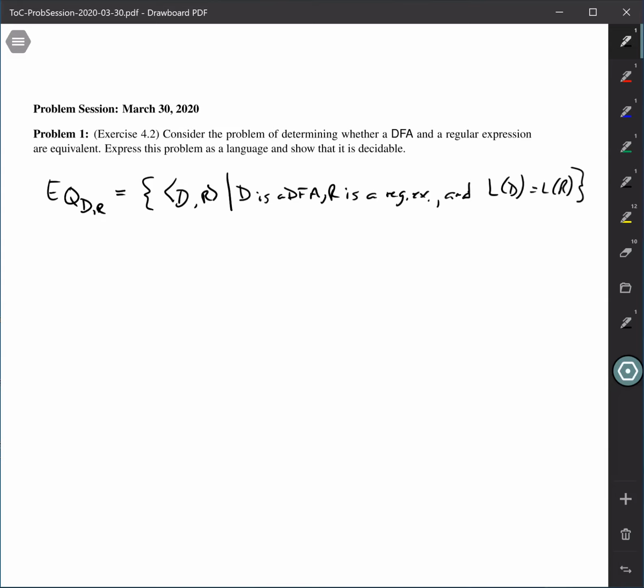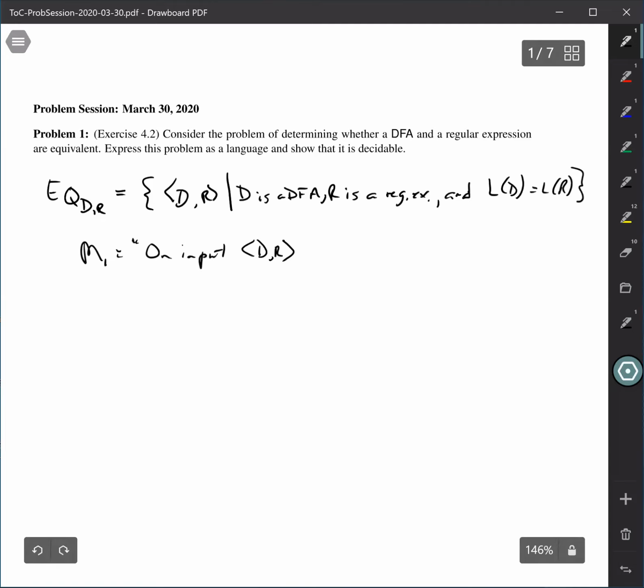We're going to say, let's define Turing machine M1. So we say, right, we're defining an algorithm.